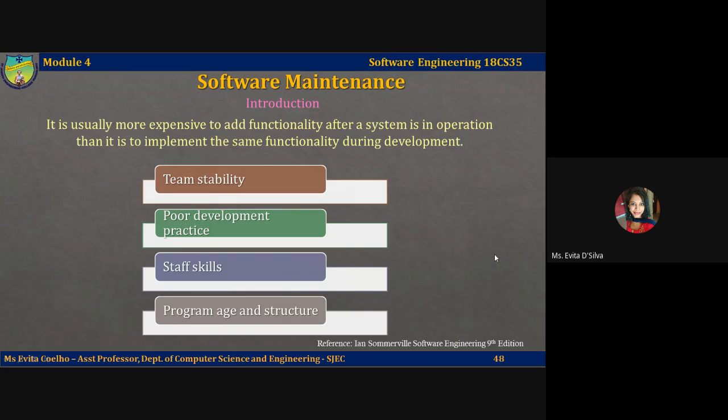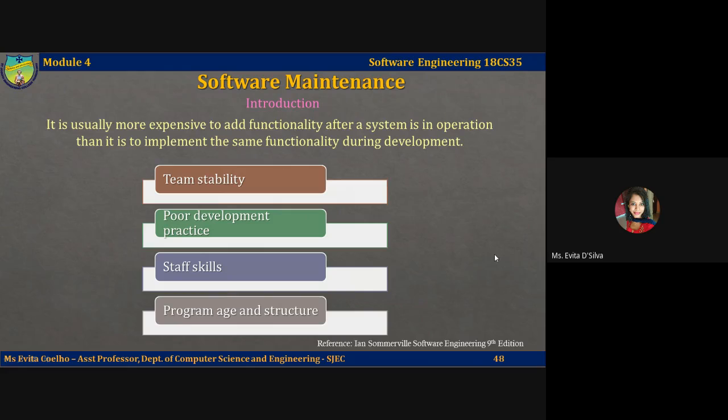This factor, along with the lack of team stability, means that there is no incentive for a development team to write maintainable software because they are not responsible for it. If a development team can cut corners to save effort during development, it is worthwhile for them to do so, even if this means that software is difficult to change in the future, because they are not being held responsible for maintaining the software system.